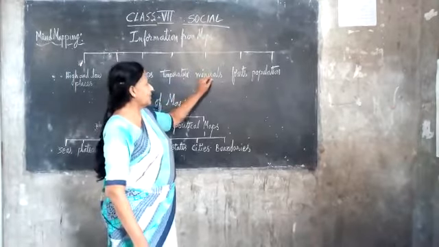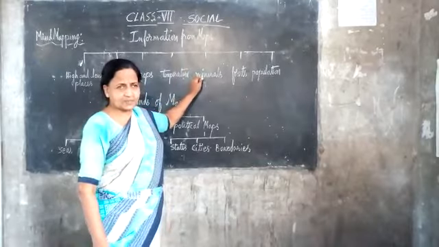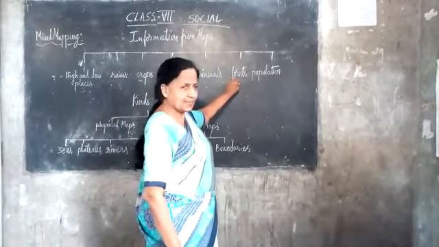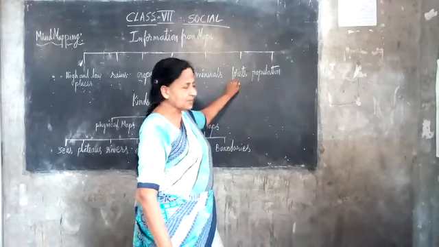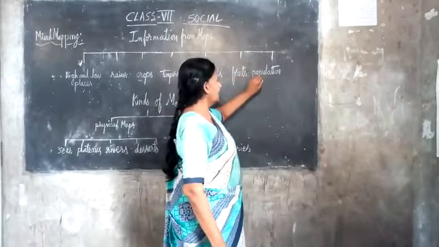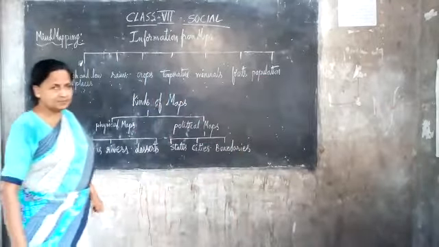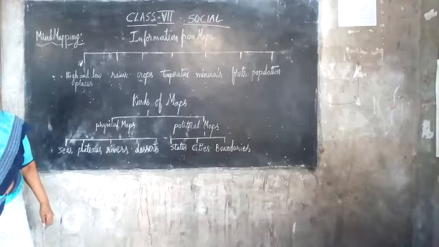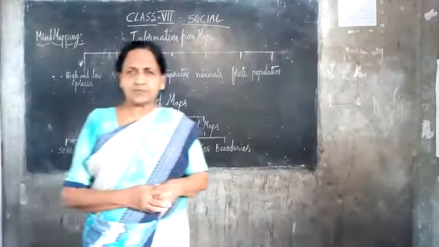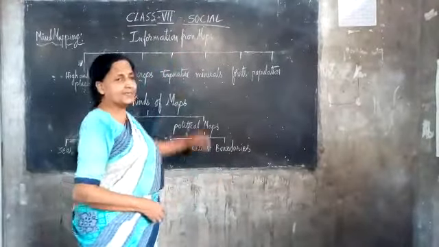And the map informs us about the minerals, the forests, and the population of a particular country and state. Is it clear, children? Have you understood about the information from maps?